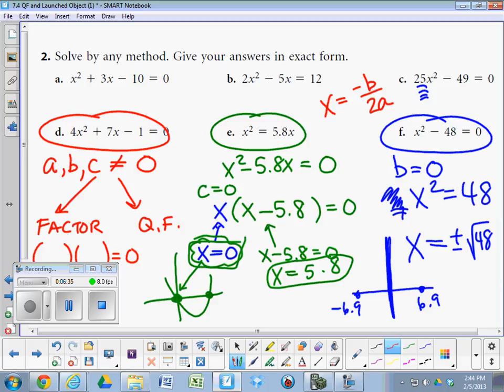Is that it in red? Negative b over 2a? Yeah? Okay. And what's b? 0. So if you put a 0 up here, the line of symmetry will be at 0. Something to show you there. That's it.